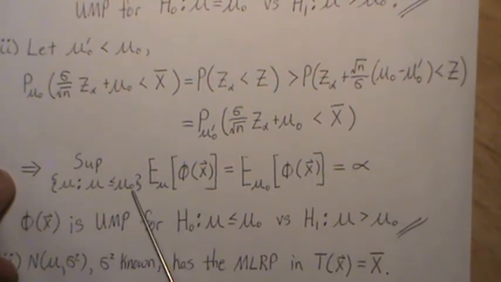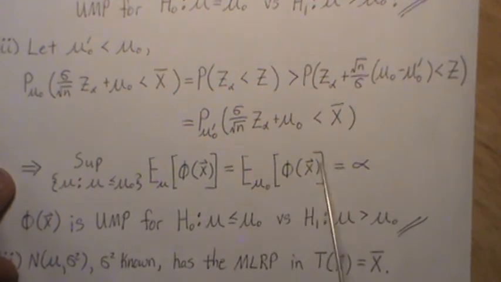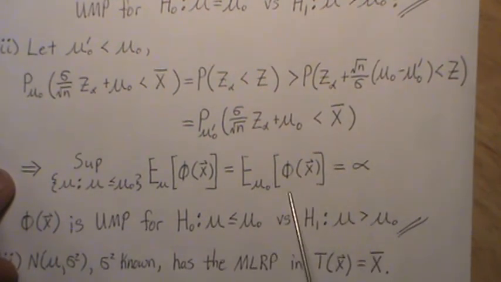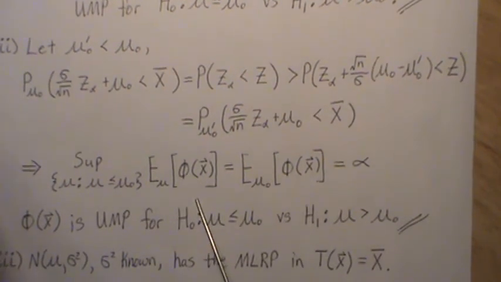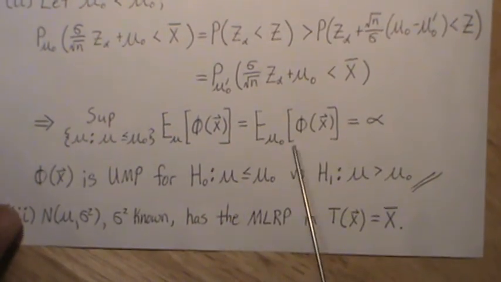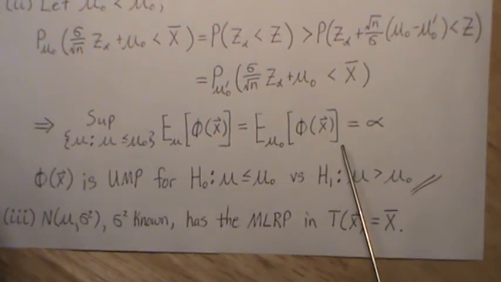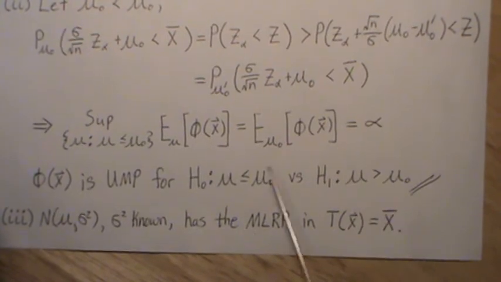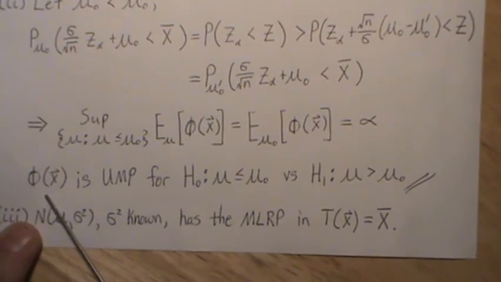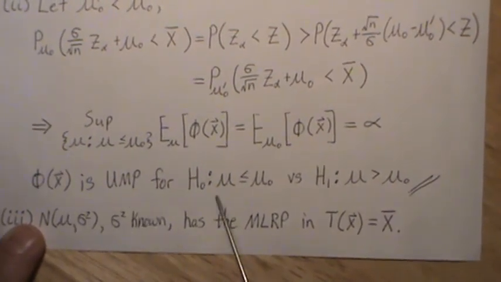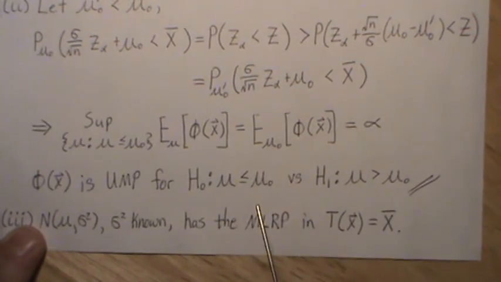So the biggest value is at mu naught, which is alpha. So the supremum of the test function, or the level, is alpha. So the test function is uniformly most powerful for this test also.